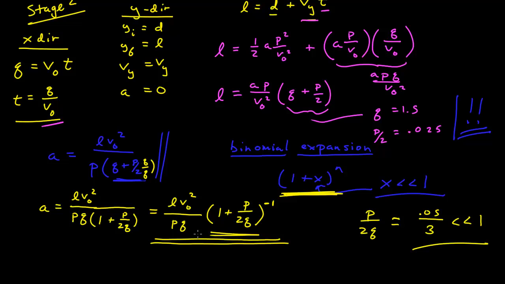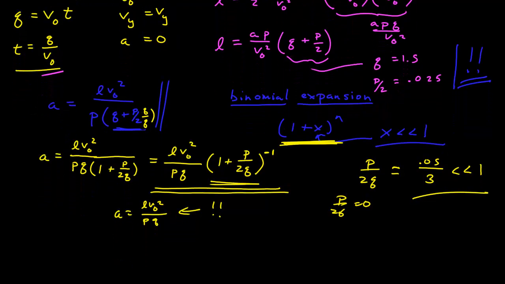But look what this is telling us. If you set p over 2q equal to 0, you get a equal to L v naught squared over pq, which is exactly what we got in the last video.